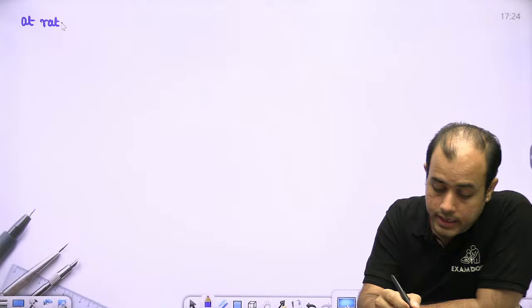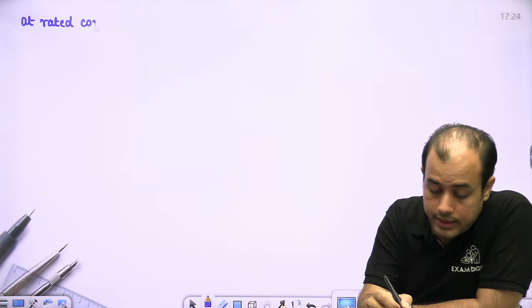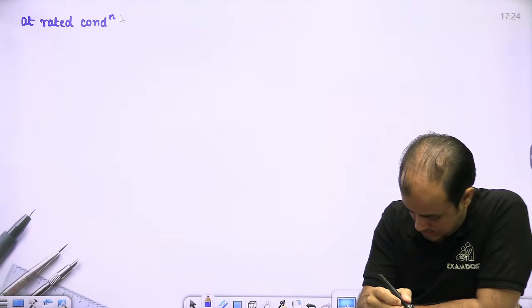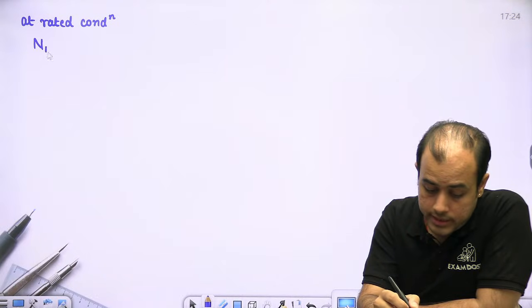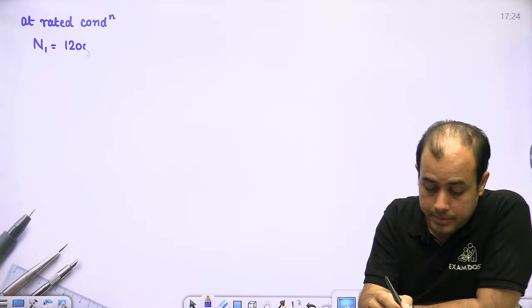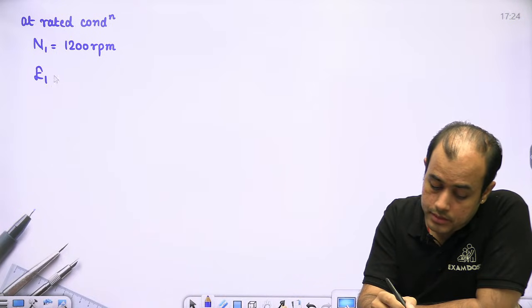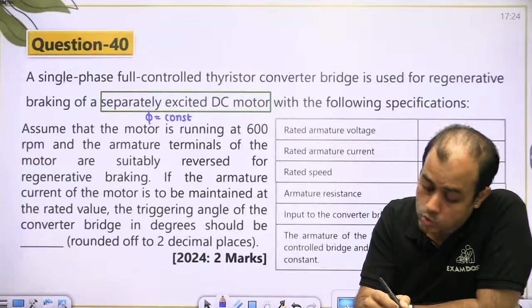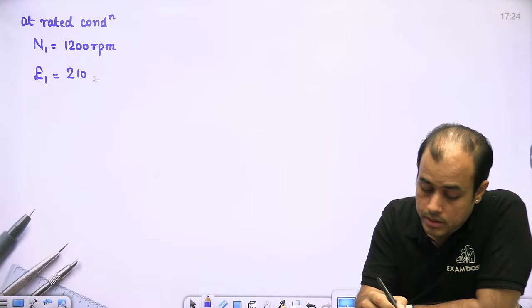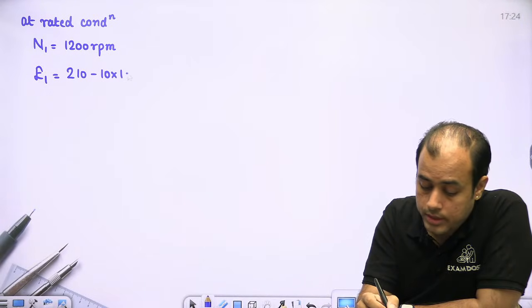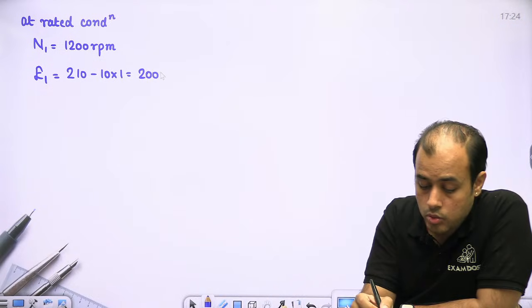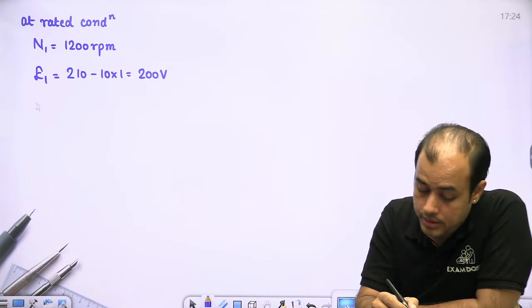So I will say at rated condition, that is when my speed is 1200 RPM. What is E1? Terminal voltage 210 minus 10 into 1. 200 volt. Okay.